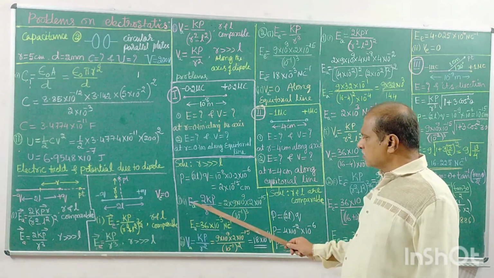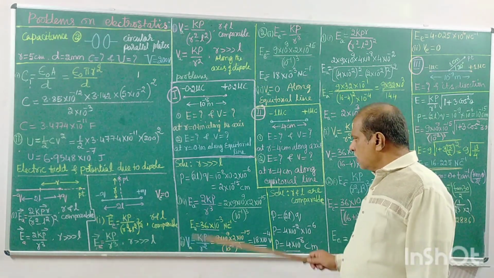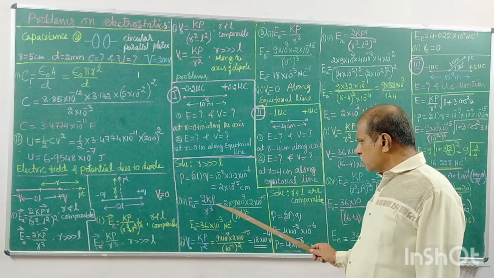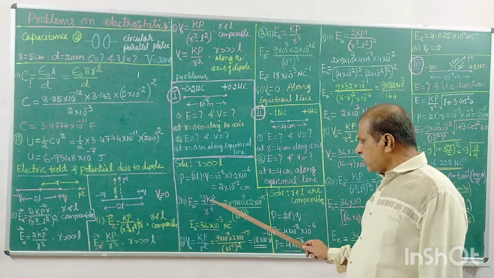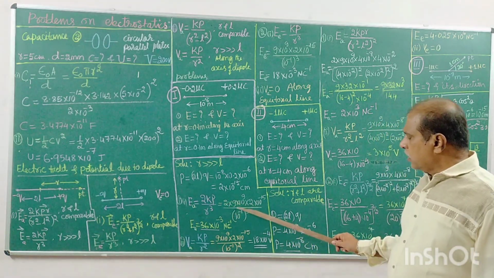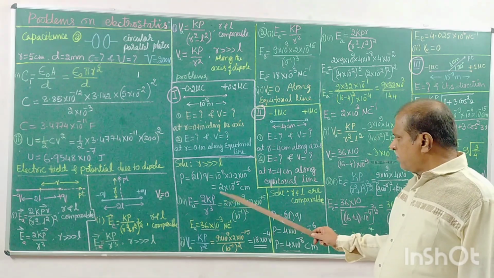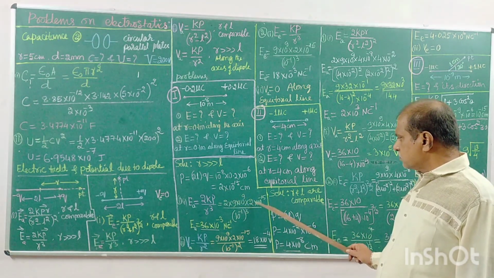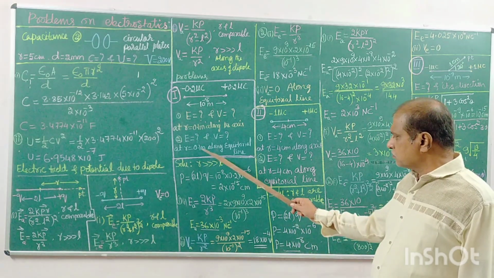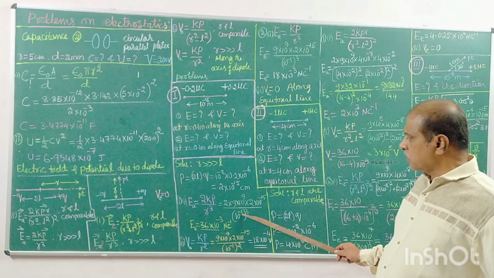Then go for calculation of the electric field: 2kp by r cube, substitute for them. 2 into the value of k, Coulomb's constant, which in SI is 9 into 10 to the power of 9. P is the value we calculated, and r is 0.1, that is 10 to the power of minus 1, whole cube.